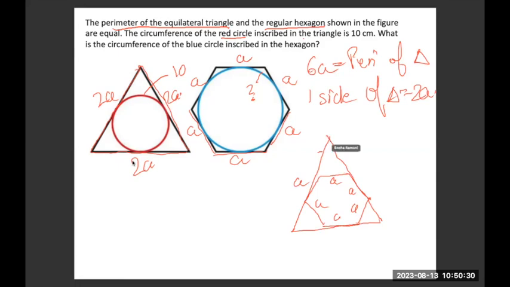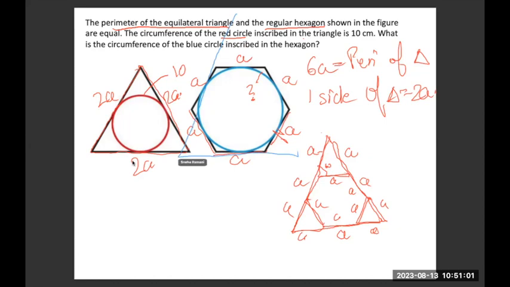What it means is, this will also be 60 degrees, which means this triangle which is formed, this triangle which is formed, and this triangle which is formed from this hexagon will all be equilateral triangles. So the value will be A for all of them. What it means is, the new triangle, which I'm just going to draw on the original one here.